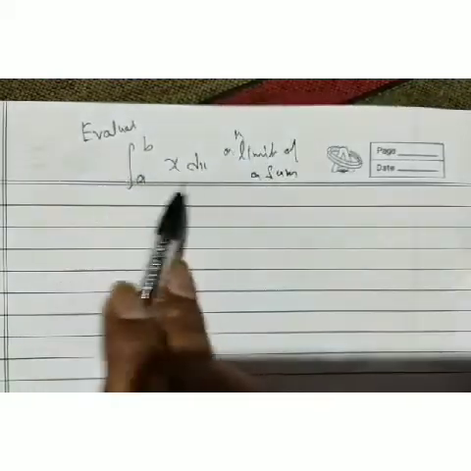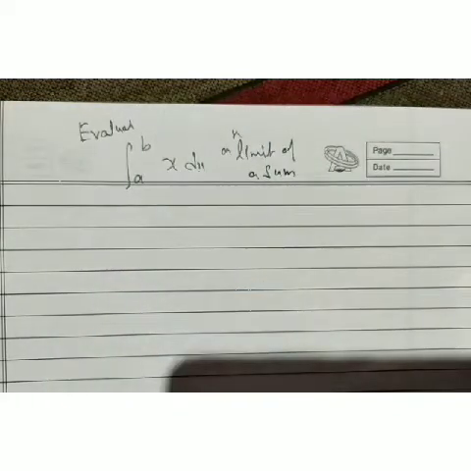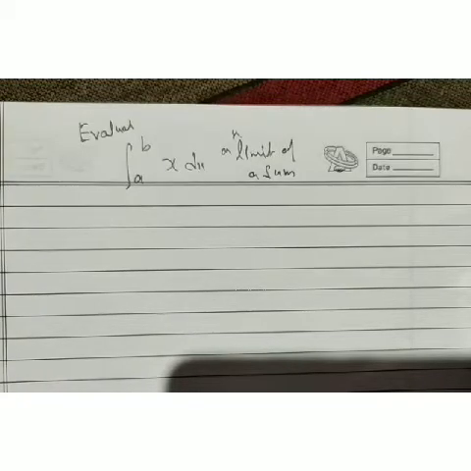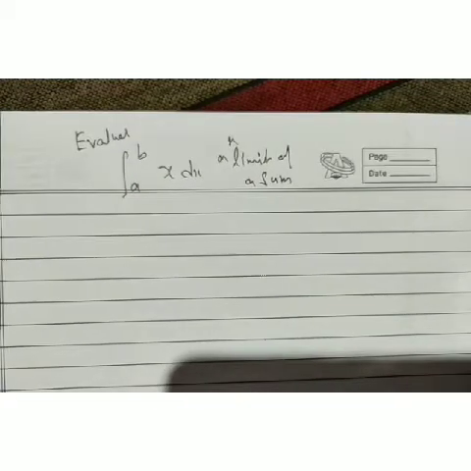We have to find its value as a limit of a sum, so we have to apply our limit formula, because we cannot directly integrate it. And how can we find its limit as a sum?